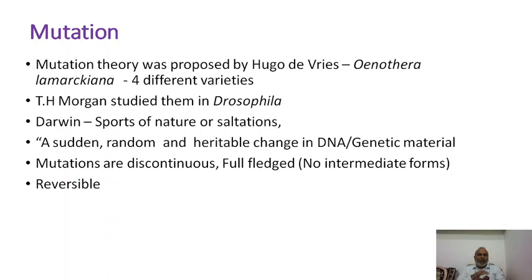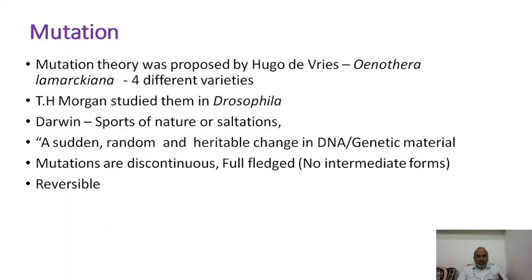Oenothera gigas is very large and very tall. Oenothera brevistylis has a different character of style. Oenothera laevifolia has a somewhat different texture of its leaf. All of a sudden, he noticed four new varieties formed in his garden. When tested whether those characters showed inheritance, yes, they showed inheritance.